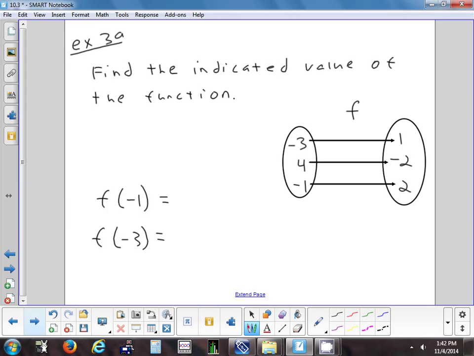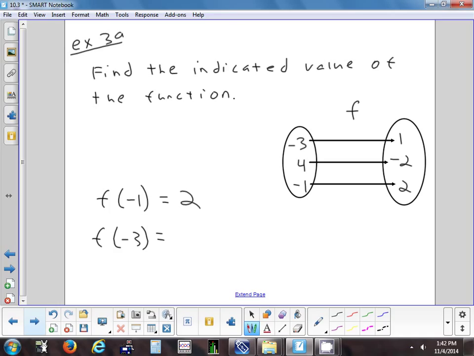Yep, Brian? 2. Very good. F of negative 1 gives me a value of 2. Okay. Why did I use F? Why not G, or why not a different letter? Why F this time? Look at what was given. The function. Yeah, that was the name of this function. They named it F.